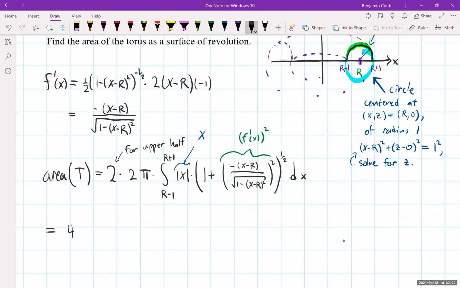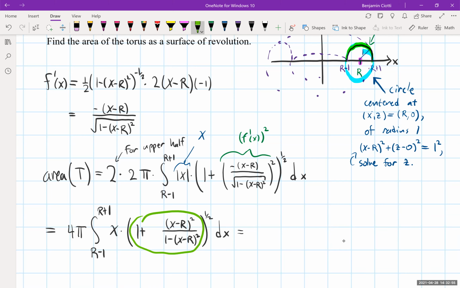So we get 4 pi times the integral from r minus 1 to r plus 1 of x times the square root of 1 plus (x minus r) squared over 1 minus (x minus r) squared, dx.